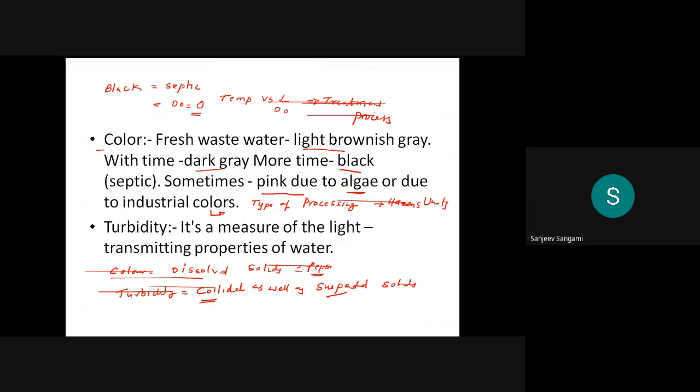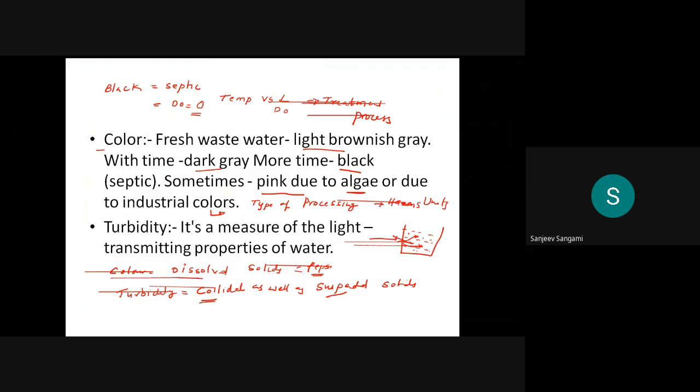Turbidity is the measure of the light transmitting properties of water. To explain it, assume a glass of water at this level that has some colloidal solids. If I pass light through this transparent glass, the light is going to hit all these particles.